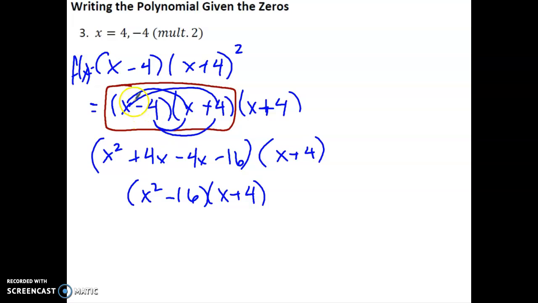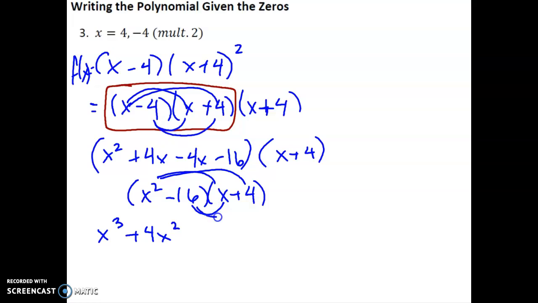Well, that makes sense because look right here, I have x minus 4, x plus 4, and that was what we got when we factored difference of squares. So it makes sense that we should end up with a difference of squares binomial right here once we FOIL those together. All right, again, I have 2 terms times 2 terms, so I can FOIL those. So I'm going to distribute my x squared to both of those.